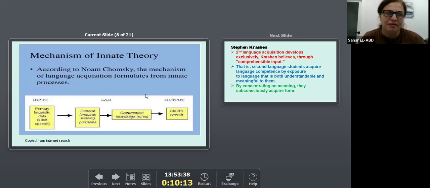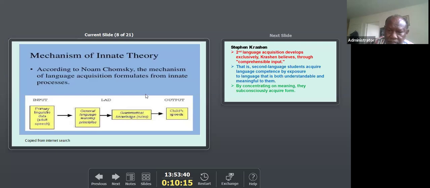That's true. Question. Yes, Adam. What about the critical period? Could you please elaborate on it? The critical period in acquiring the language, especially for second language learners. The critical period is the period when the brain cannot accept any more linguistic features such as phonology, phonetics, pronunciation, and these things.